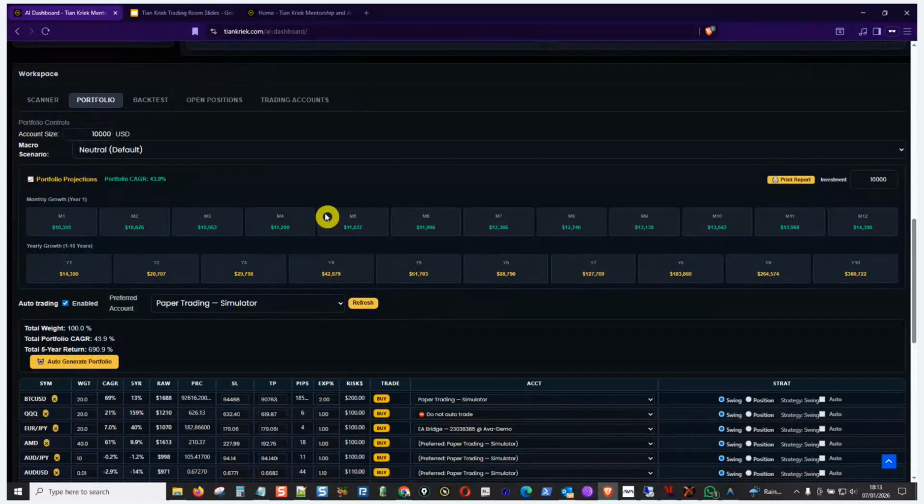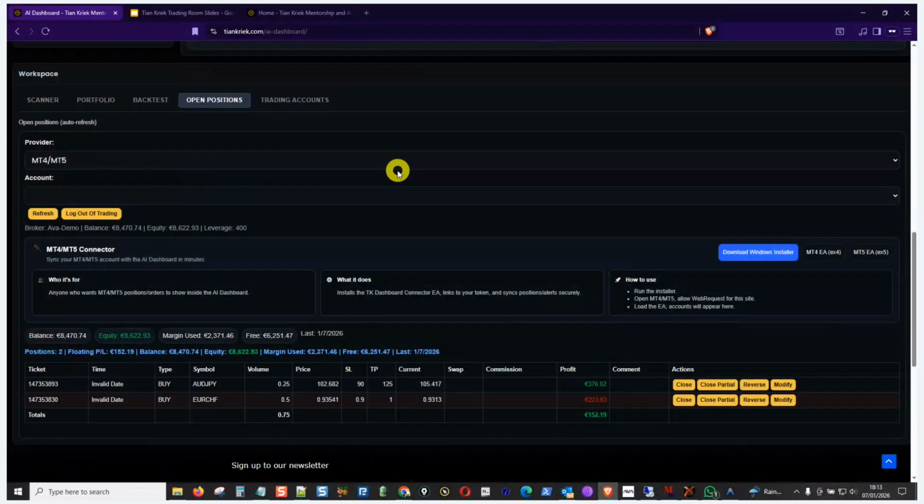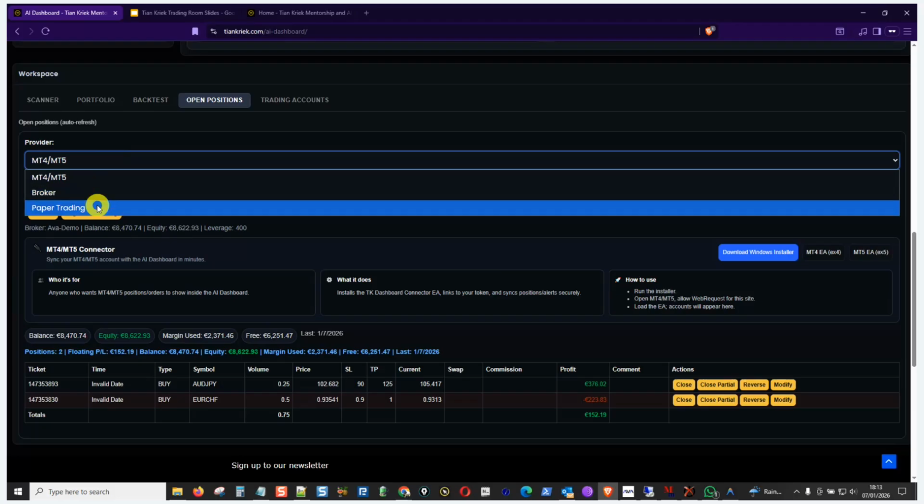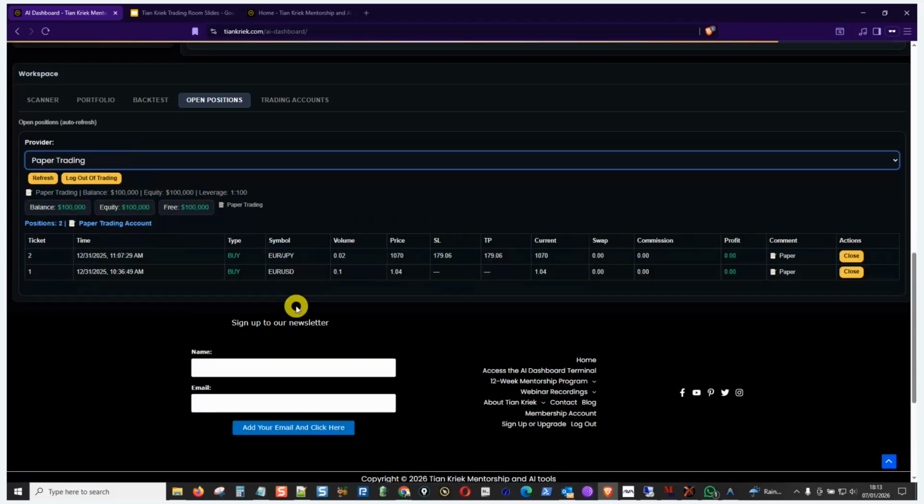And then if I go and have a look at open positions, this is my MetaTrader 4 account that I have connected at this point. There's the open positions, but you can click on the provider, and you can go, for instance, to paper trading, and then the paper trading account will load. You can see here that these two trades in the paper trading account, by default, you have a $100,000 paper trading or demo account. Okay.